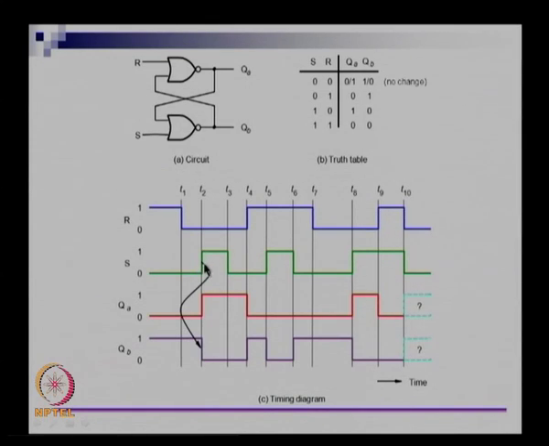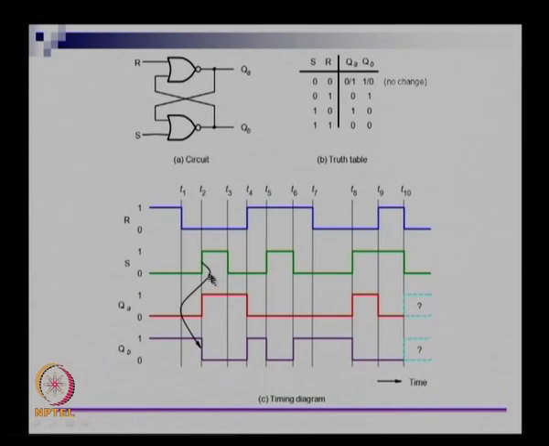When you see a timing diagram and you see an arrow coming from one signal into another signal, it starts from here, but the direction of the arrow is from the green line to the purple line. So the change in S is affecting a change in the purple line, which is QB. The change of S from 0 to 1 will change QB from 1 to 0.